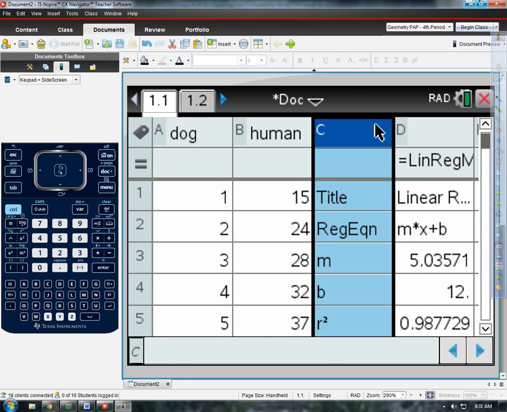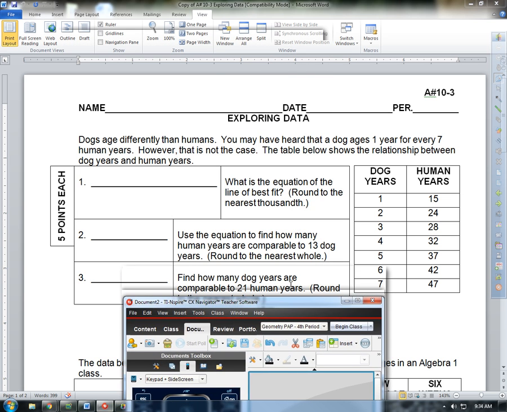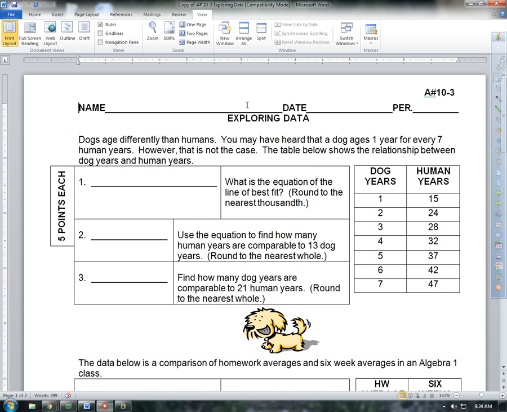Okay, now I'm going to minimize that again. And it says, what is the equation of the line of best fit? Well, here's my slope, and here's my y-intercept. Actually, let me do it this way so I can keep track of what's going on.